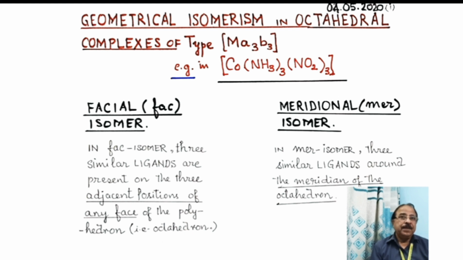And if the 3 similar ligands are occupying the 3 positions of that square, of that meridian position, then we call that isomer meridional. We call it meridional because the 3 similar ligands are occupying positions in a meridian. Okay, you will see the diagram on the next page.